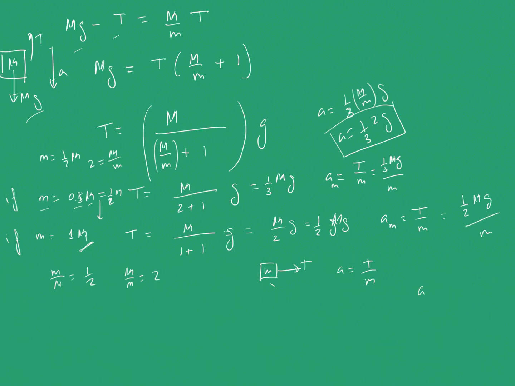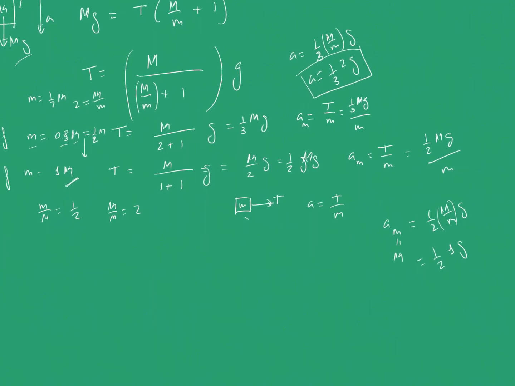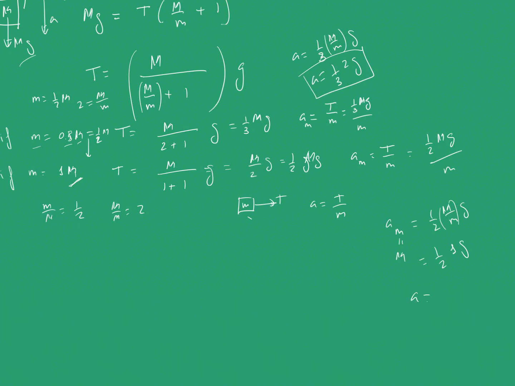So the acceleration for this case, when little m is converted into something equal to M, will be 1/2 capital M divided by m times g. So it will be 1/2 times 1 times g, because M divided by m is 1, because little m is equal to capital M. So in this case the acceleration will be 1/2 of g.